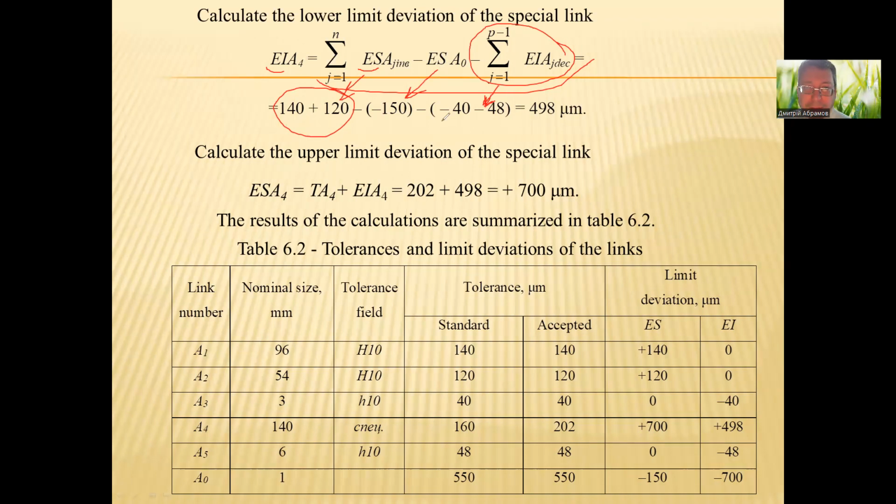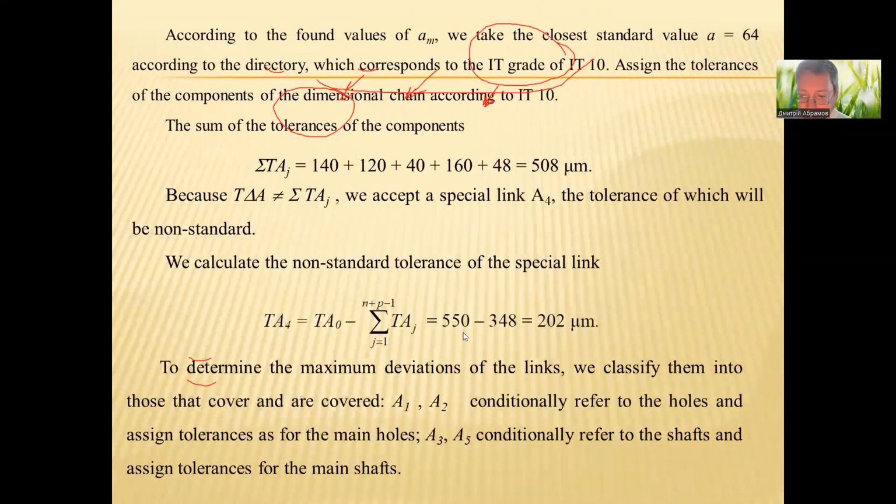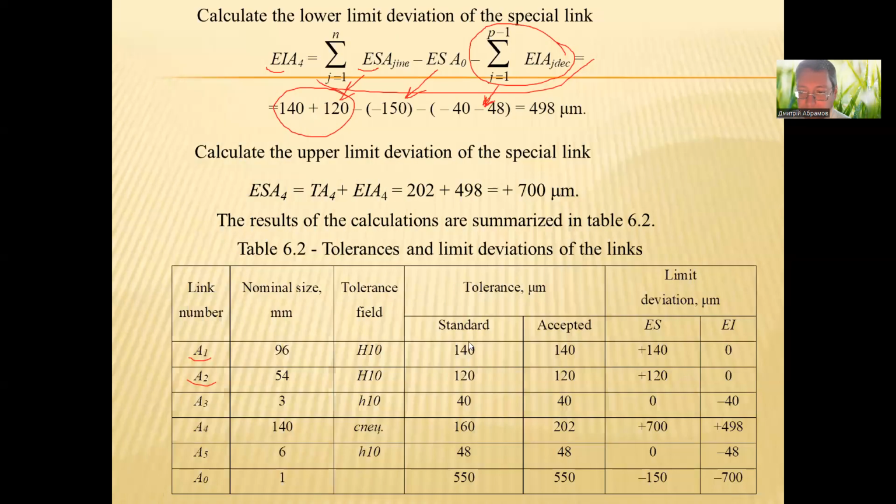Where do we find these parameters? From the table 6.2. For links A1 and A2, we choose upper limit deviations and lower limit deviations like for the main holes.